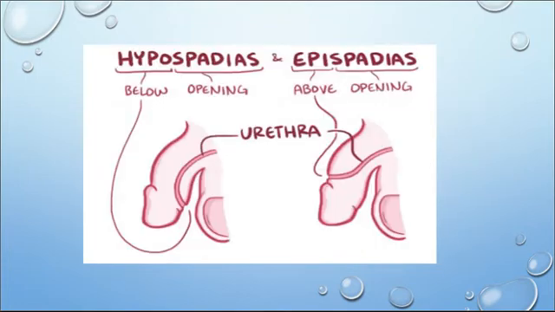So a couple of disorders you will learn about later. I just want to mention them for assessment purposes, because the opening of the urethra can be on the upper surface, called epispadias.